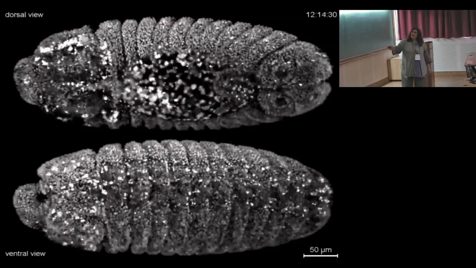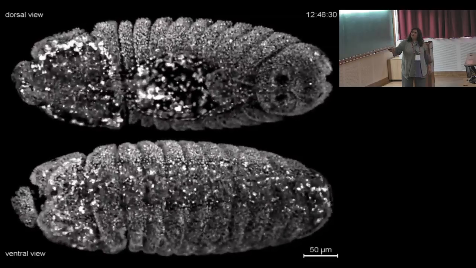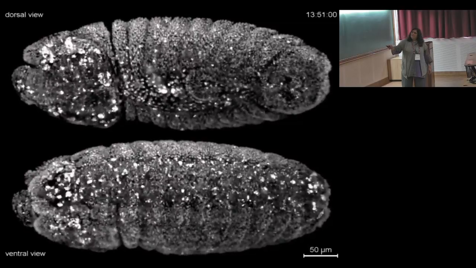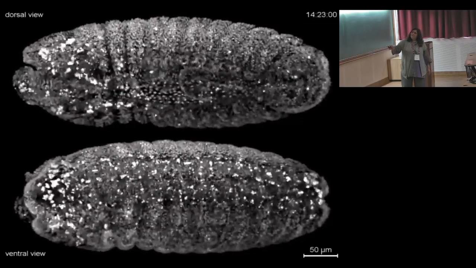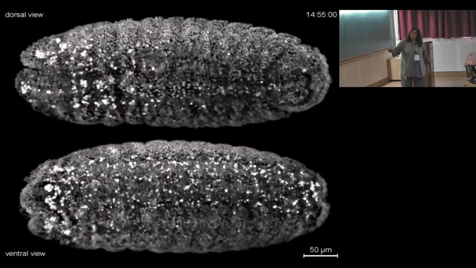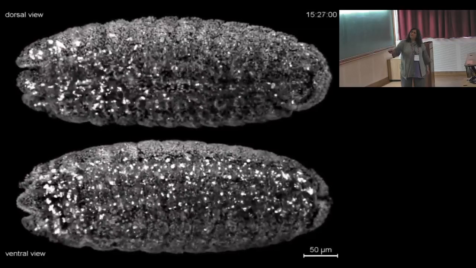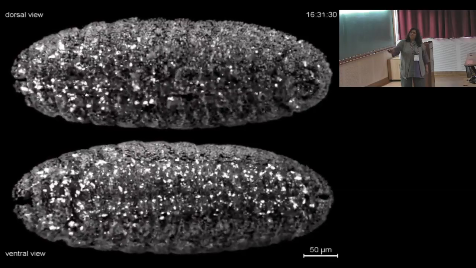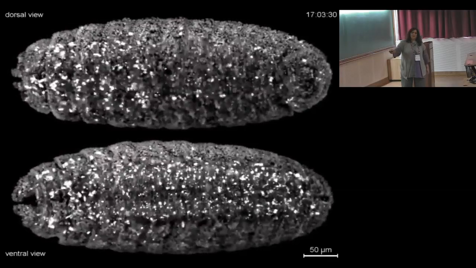So the first part of what I showed you, I'll play it again, was that germ band, which was just restricted to this part of the embryo, sort of moves forwards by elongation and ends up with the second stem of the U in this part of the embryo.